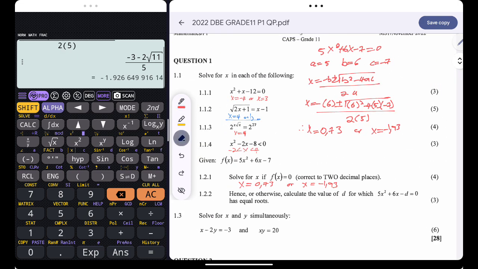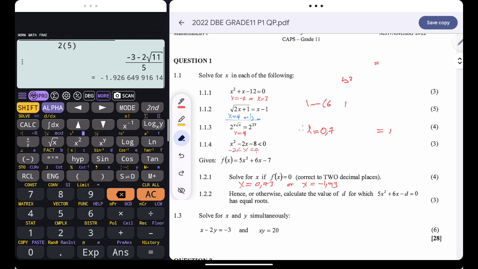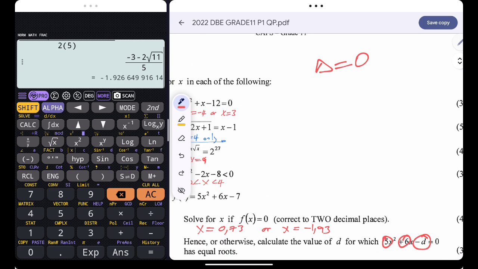Then they say to me, hence or otherwise, calculate the values of d for which the equation will have equal roots. An equation will only have equal roots if delta is equal to 0. I know that 5 will be a, 6 will be b, and negative d will be c.